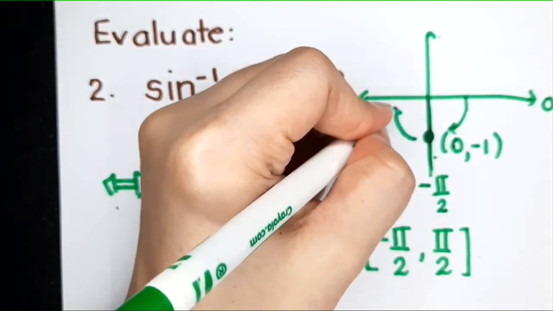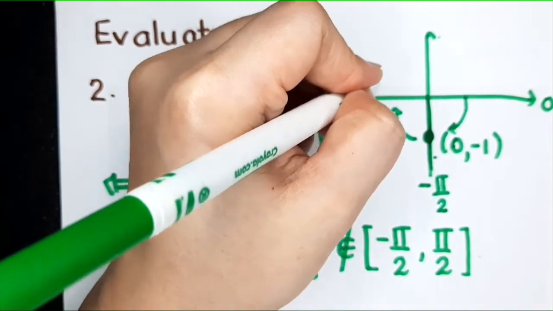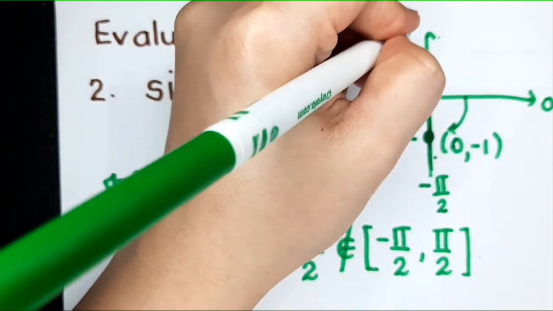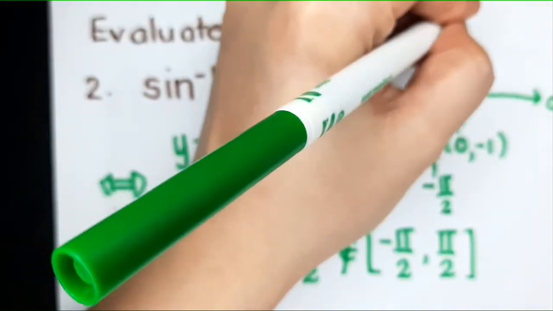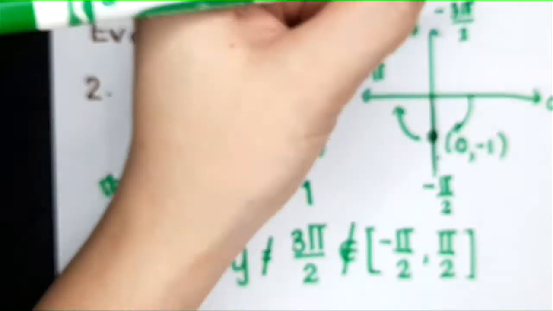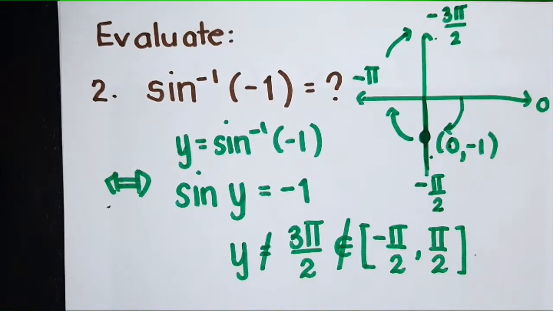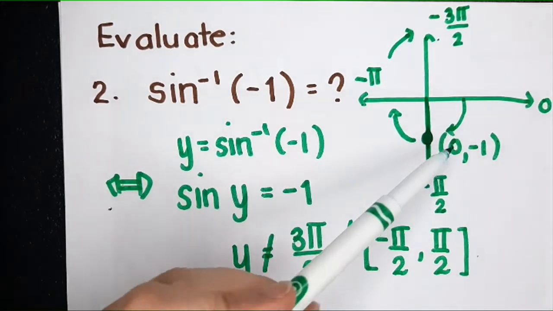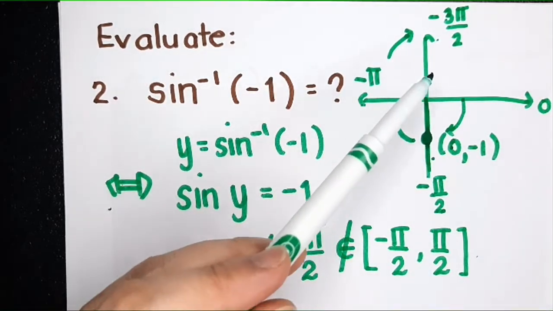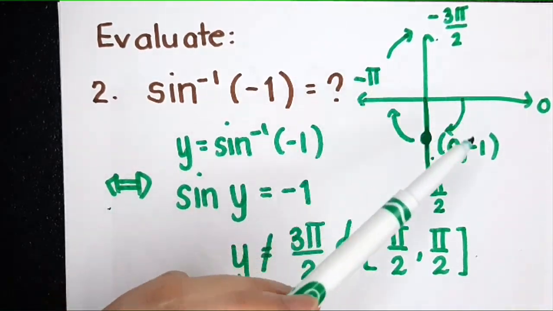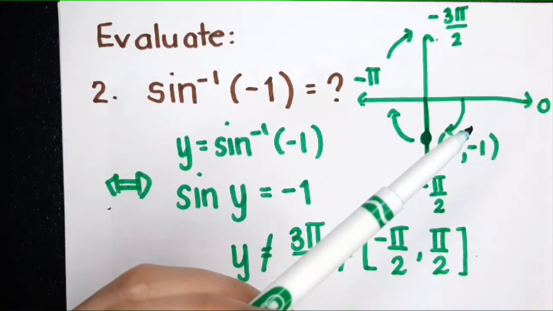Tapos ito naman, this is going to be your negative pi. And then ito, this is going to be your negative 3 pi over 2. Diba ganon? That's how you label angle measures kapag in the clockwise direction.